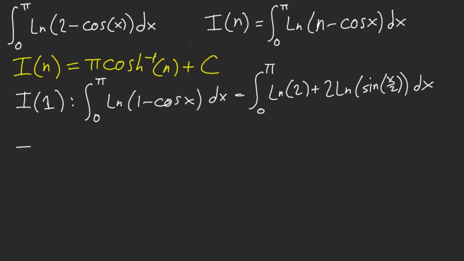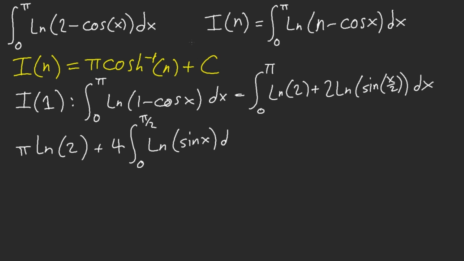So, okay, we have pi ln of 2, nice, plus 2, and then let's see, if we do u equals x over 2, right, we get 4 times the integral from 0 to pi over 2 of ln of sine of x dx, right? So thankfully we know what this is.